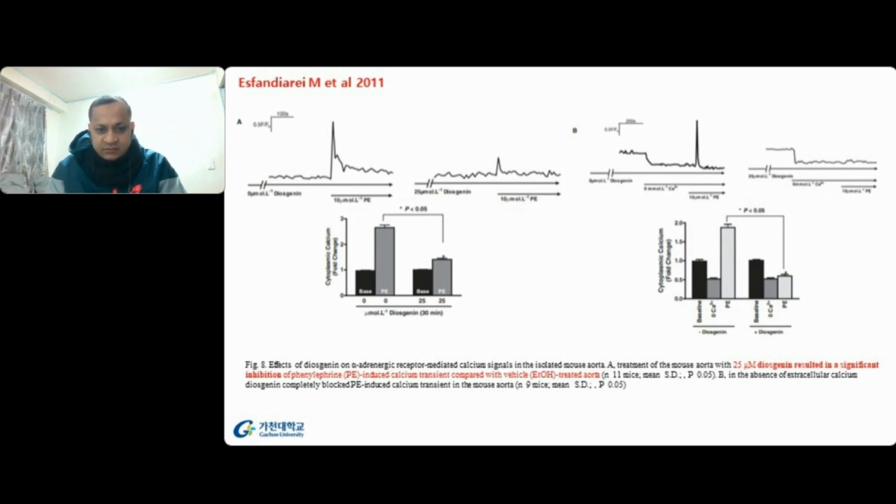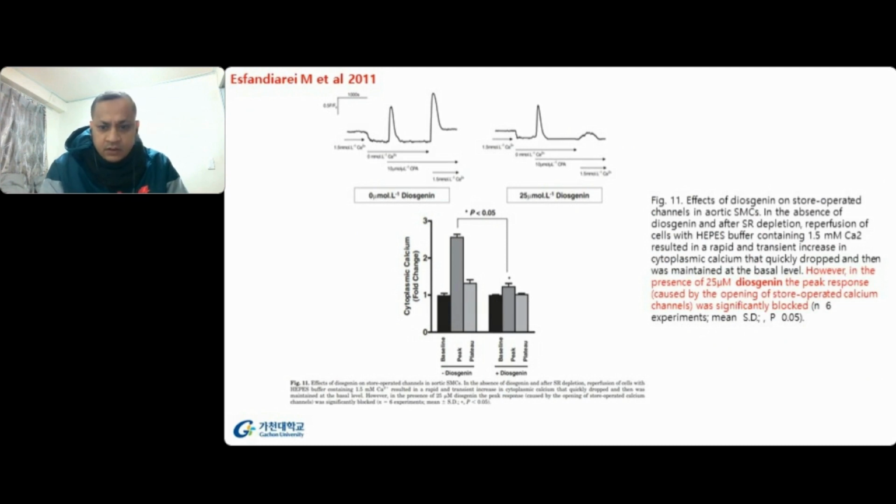Here they also used another chemical, phenylephrine, in the smooth muscle cell, and then used diosgenin, and they also found that diosgenin can reduce the calcium current flow and calcium influx in the presence of 25 micromolar diosgenin.